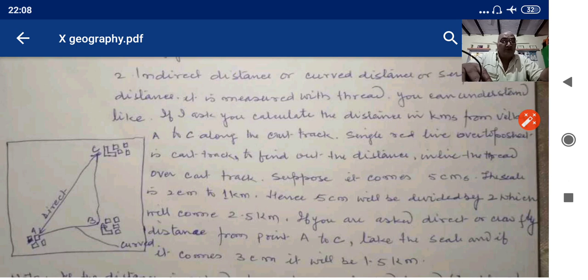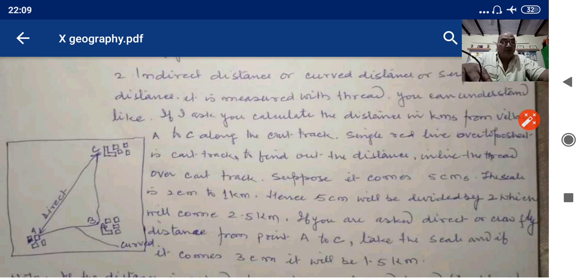To find out the distance, we align the thread over cart track. Rather we can say that the indirect distance is taken with the help of thread and direct distance is taken with the help of scale.